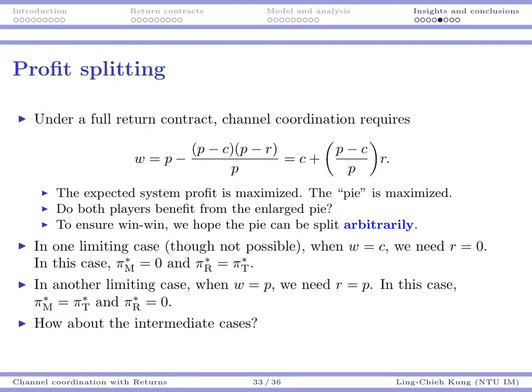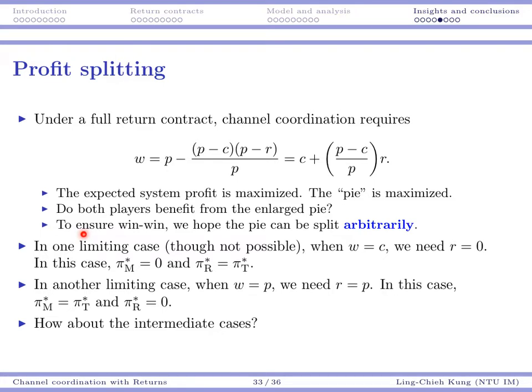Previously, under the wholesale price contract, each of them was earning some amount of money. If under return contracts the system profit is a lot, but one of them earns less money, then that return contract cannot be implemented.